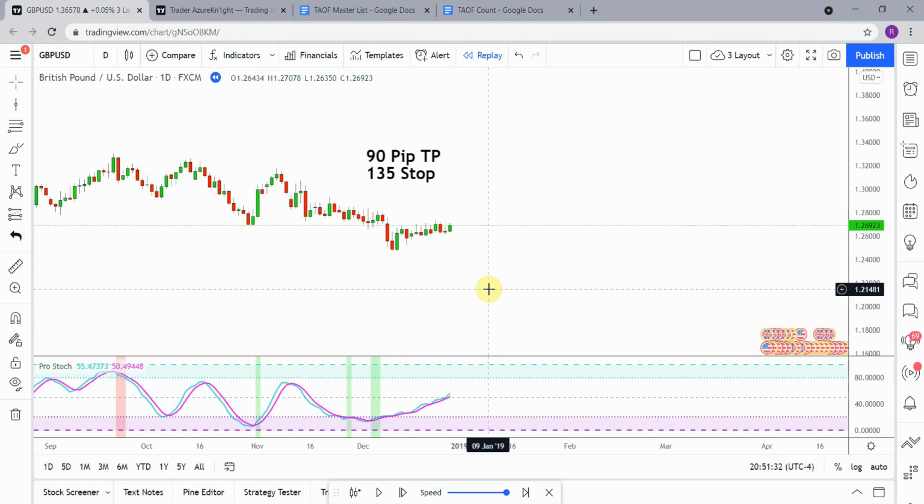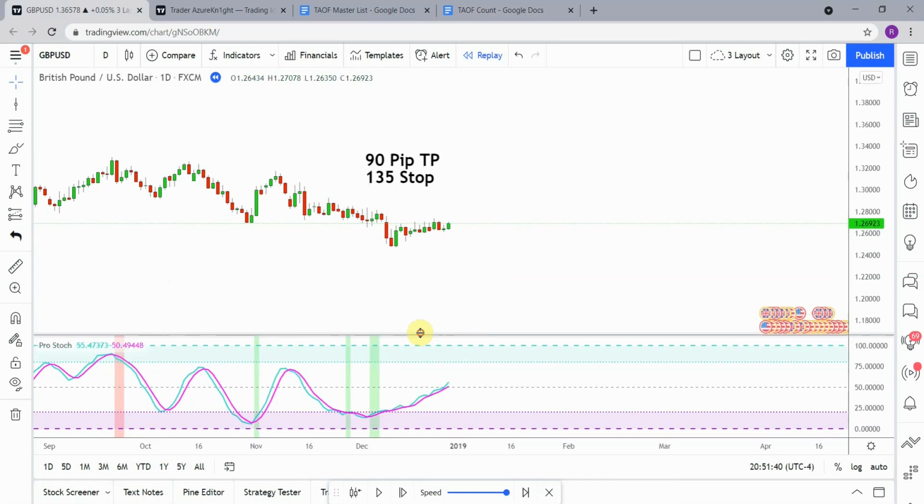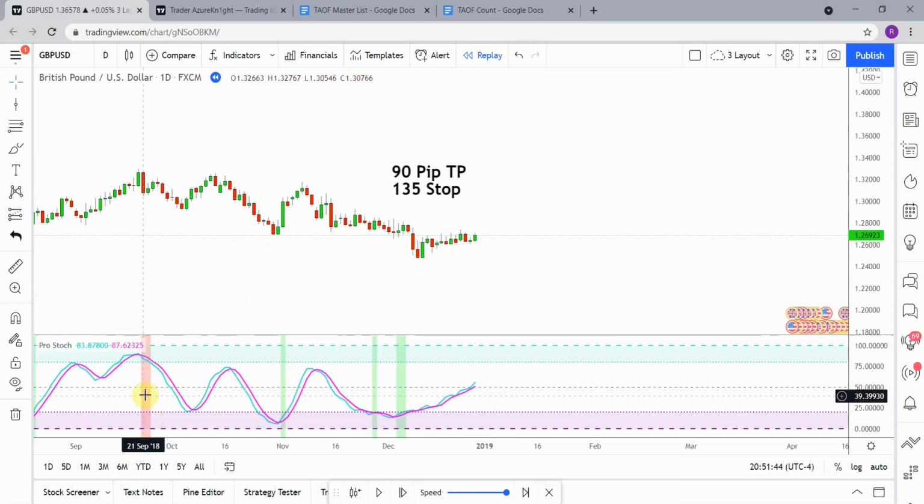Alright, so today's indicator is the Pro Stochastic indicator, and you can see it here on the bottom of the screen. Really what we are looking for here are these colorations in the background where they go red and green. When we get a green coloration to the background, then we are going to go long.